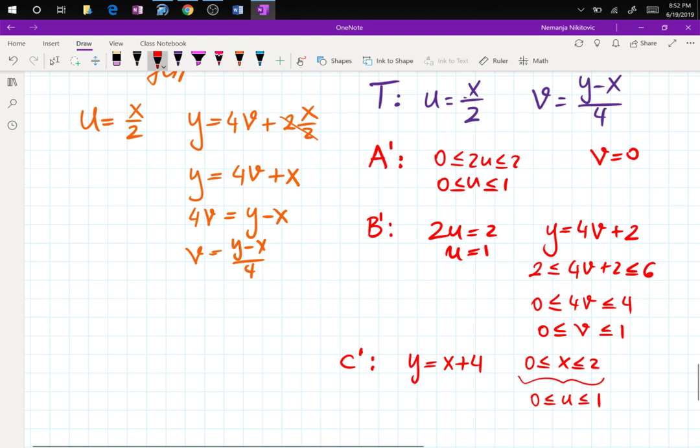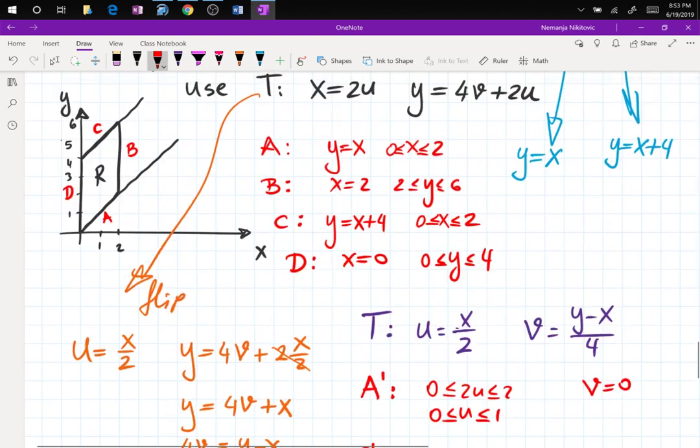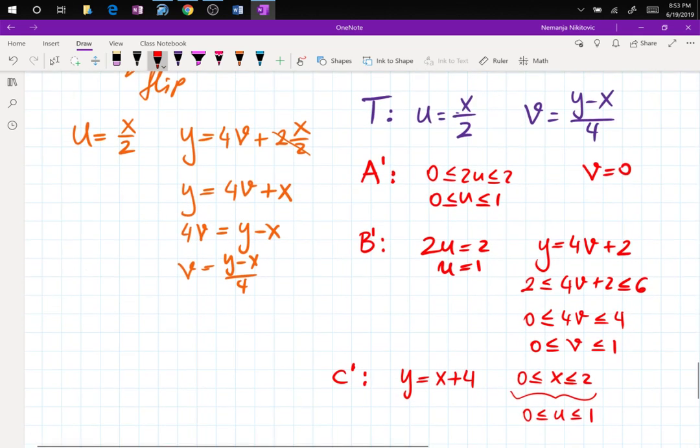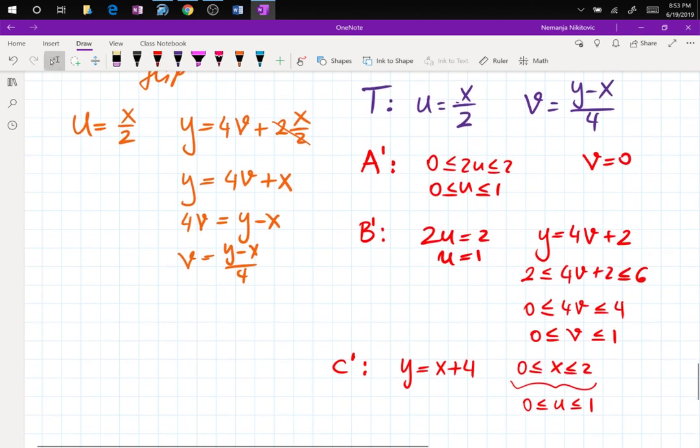And now for this equation, y is equal to x plus 4. If you take a look at your transformation, you can move x to the other side.